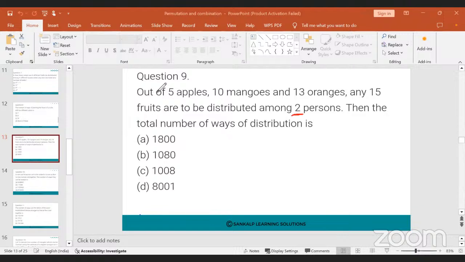Out of 5 apples, 10 mangoes, and 13 oranges, any 15 fruits are to be distributed among 2 persons. Then the total number of ways of distribution is what?